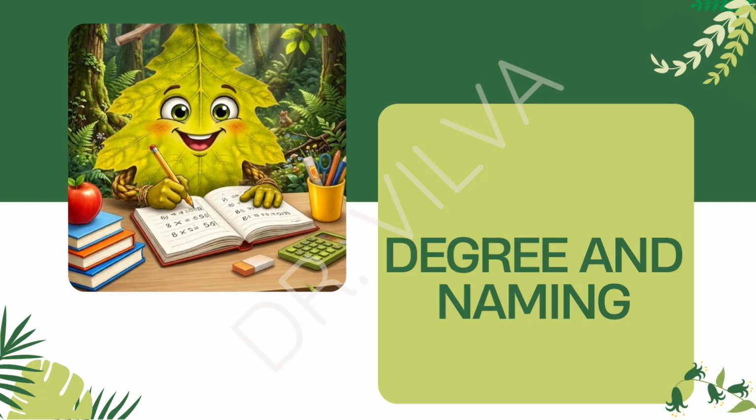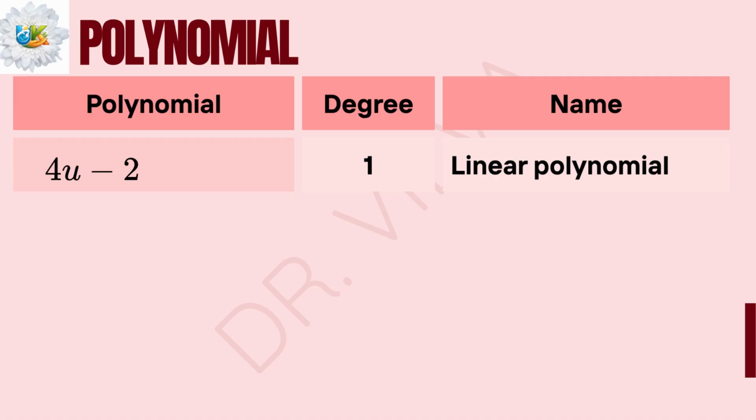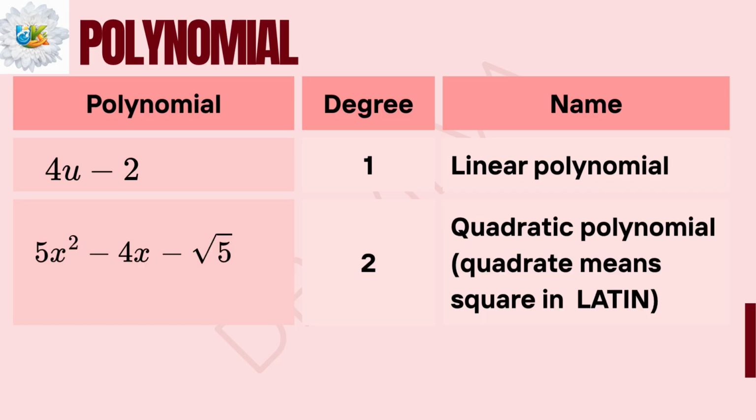We name polynomials by their degree, which is just the highest power of the variable. Degree 1 is a linear polynomial. For example, 4u minus 2. When the degree is 2, it is a quadratic polynomial.